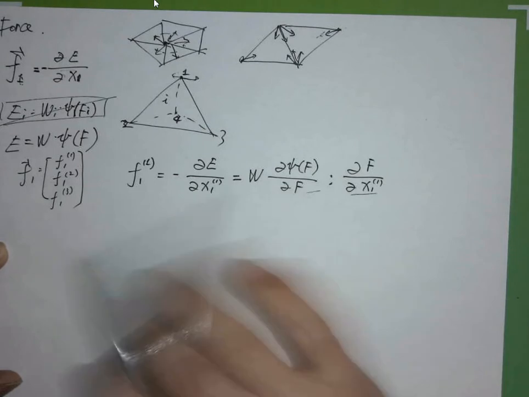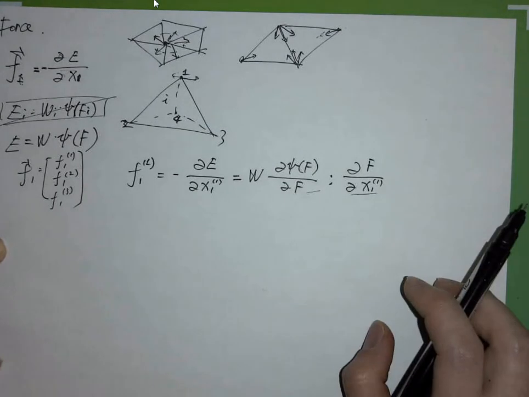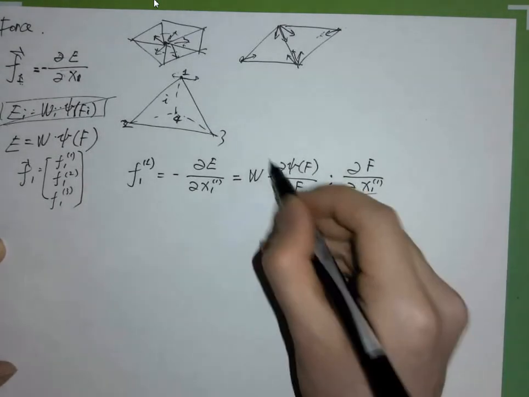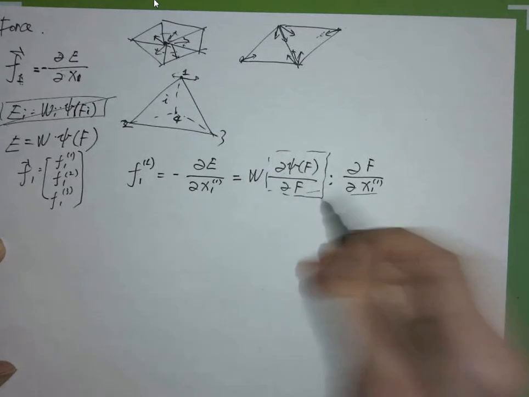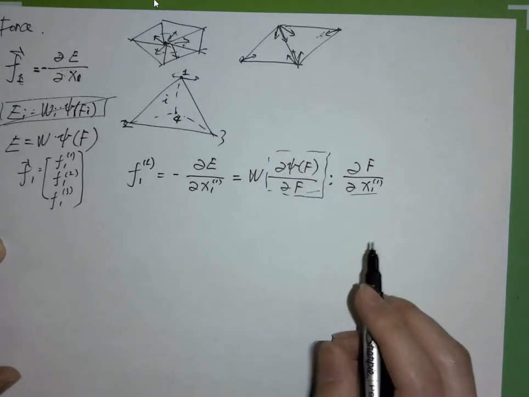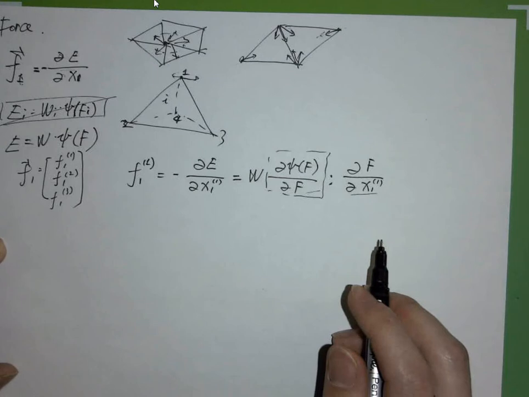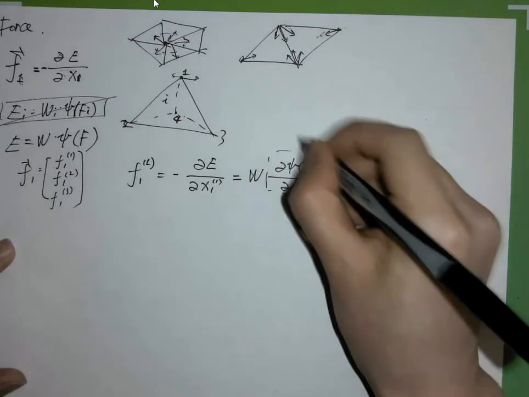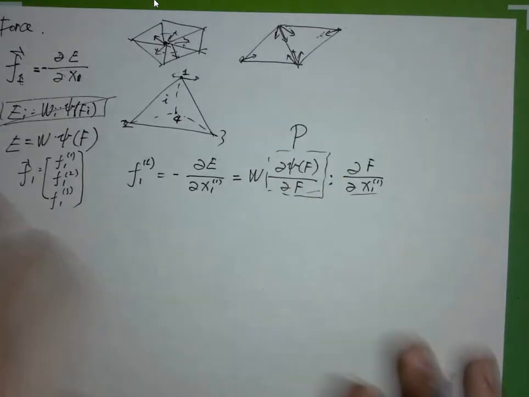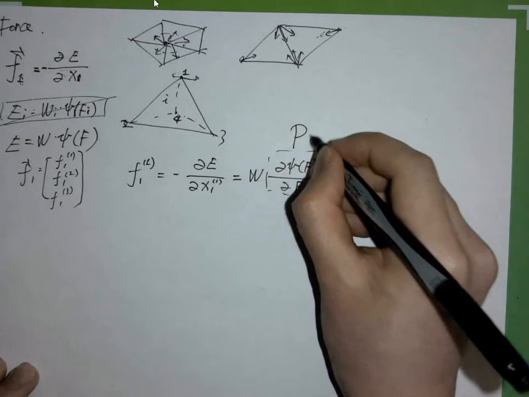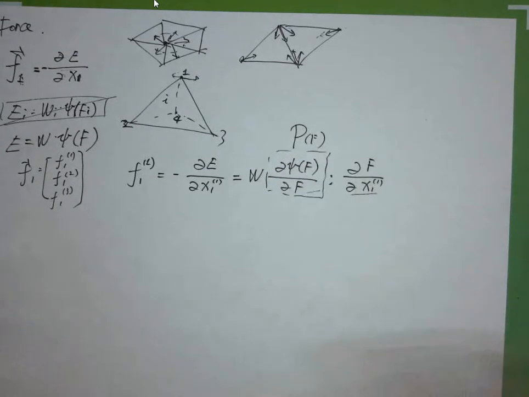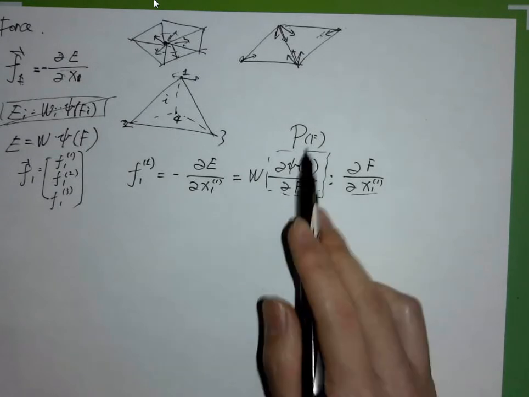I just applied the chain rule on that. Okay, and what is this? We just go over it. This is the first Piola-Kirchhoff stress tensor. So it's P. We know that we can compute this using P of F, using your favorite model. Just substitute F in, and there we go.